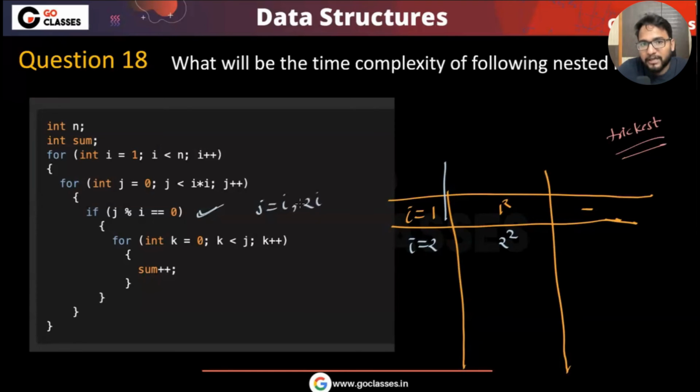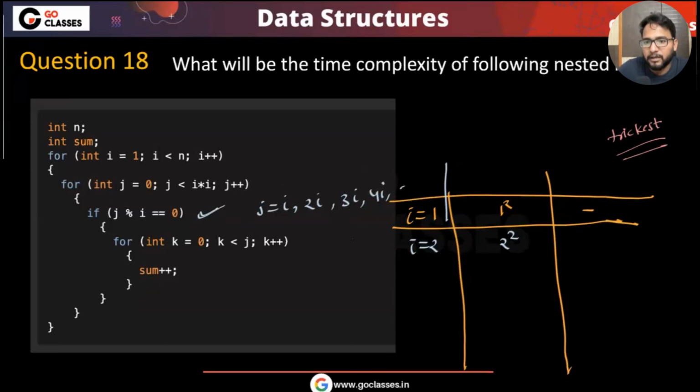Whenever j is 2i, then also it is true. Whenever j is 3i, then also it is true. Whenever 4i, till the moment j is i into i. So basically this if condition is going to be true i times.